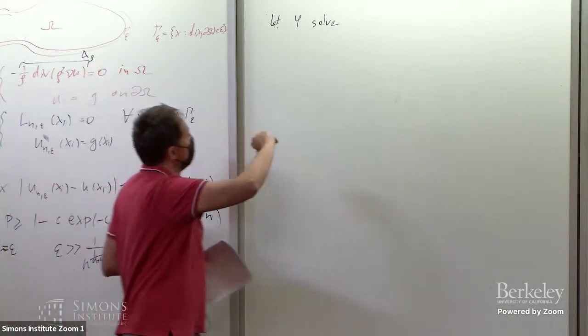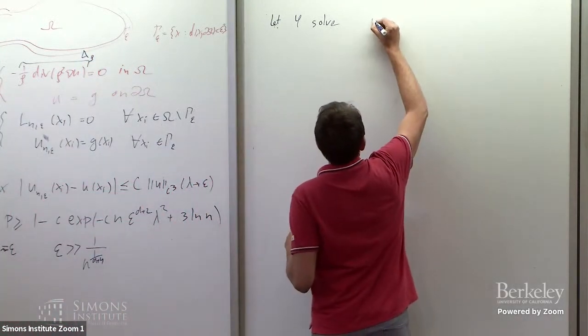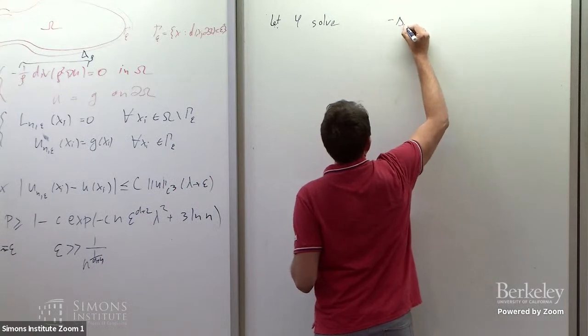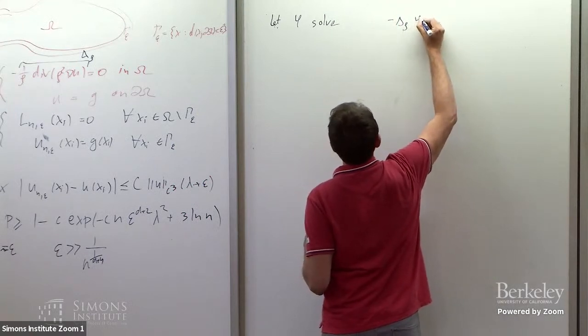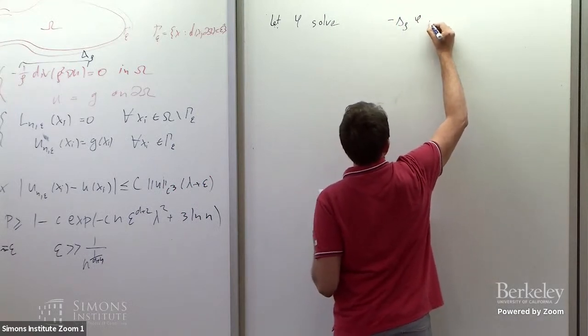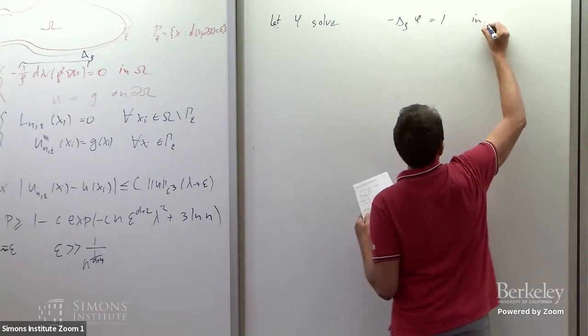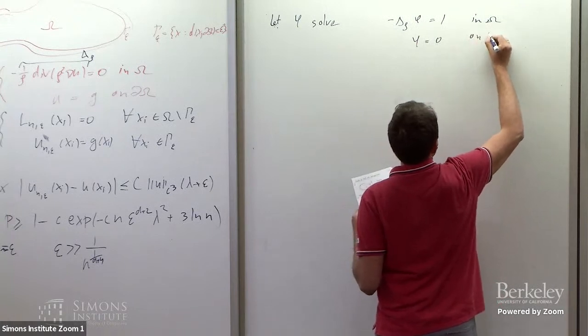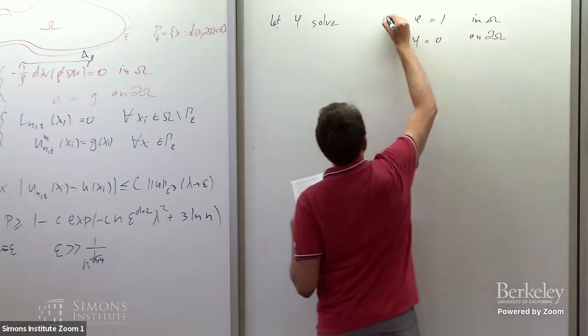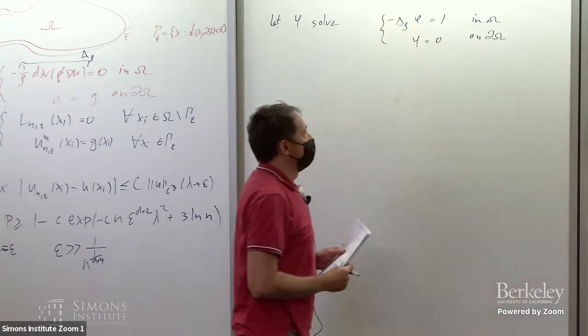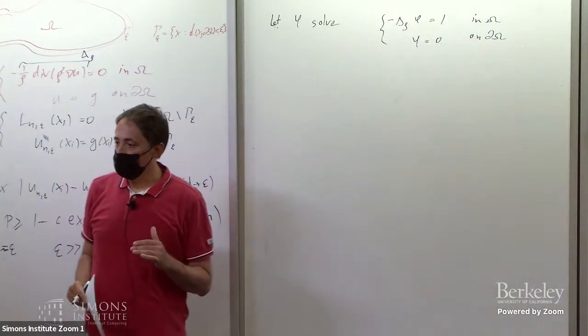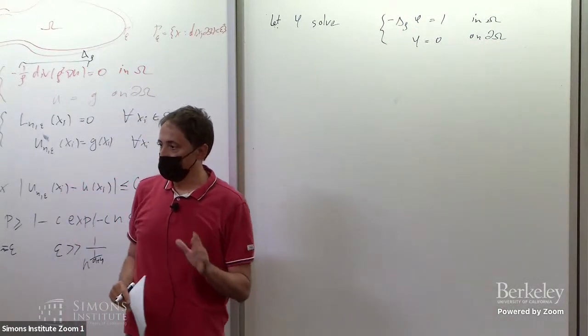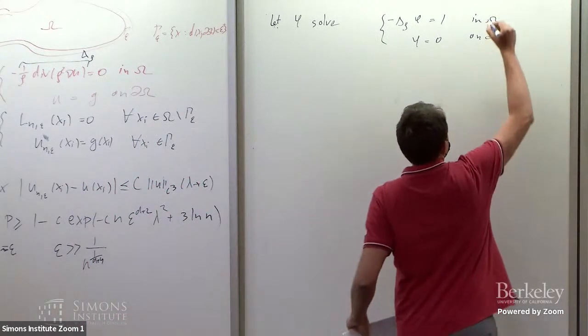So let's solve negative delta rho of phi is equal to 1 in omega, and phi is equal to 0 on the boundary of omega. Now, it's easy to show that the minimum of phi has to be reached on the boundary, and therefore phi is positive in omega.